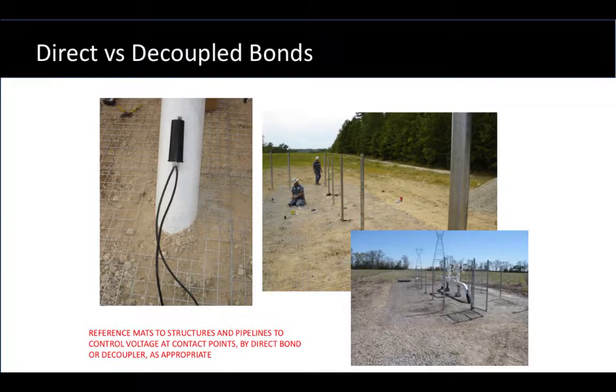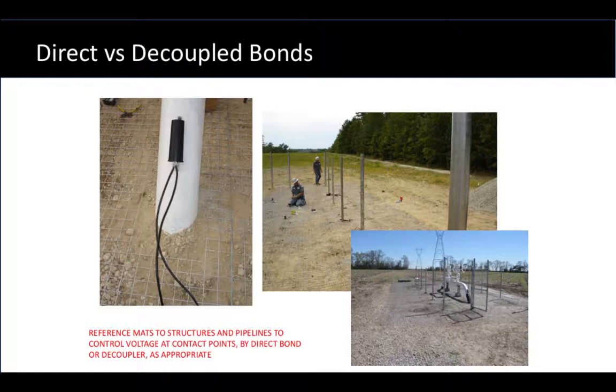So the decoupler completes the safety connection between the mat and the pipe so that for a user contacting the pipe and standing over the mat, the voltage would be very low. But for cathodic protection, those two materials look like they're not bonded to each other.